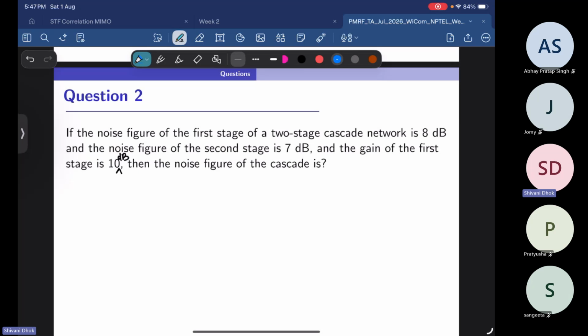So what is given to us? You have a two-stage cascaded system. The noise figure of your first stage is 8 dB and gain is 10 dB.